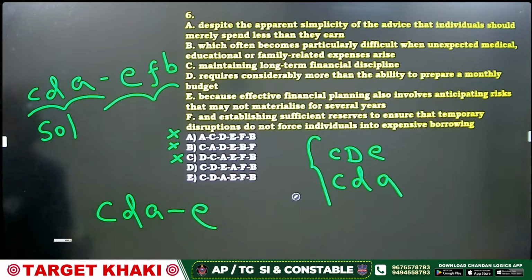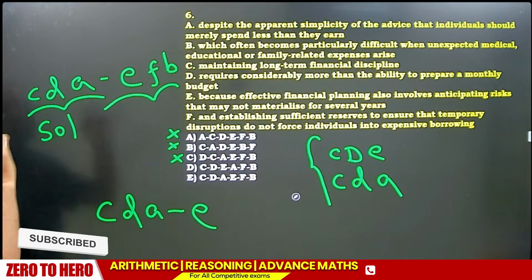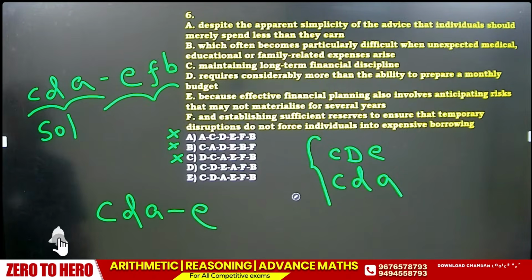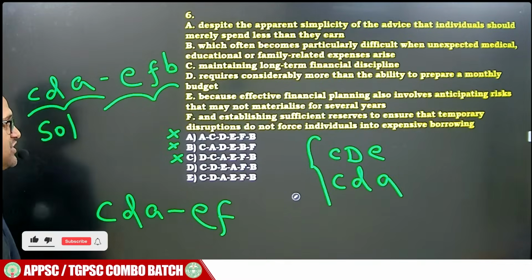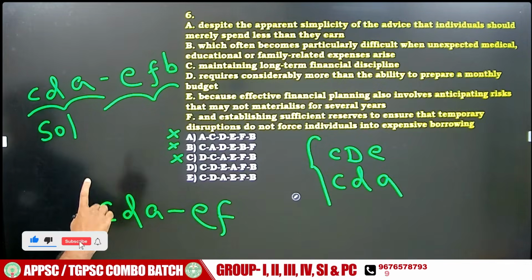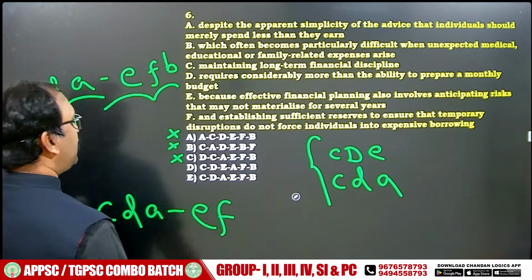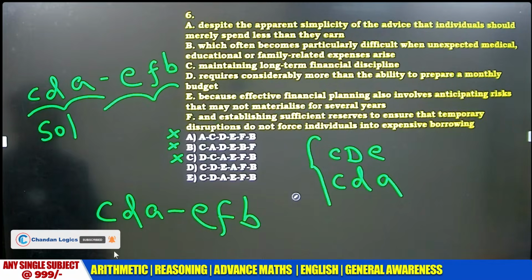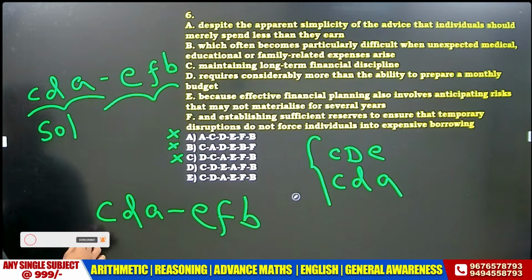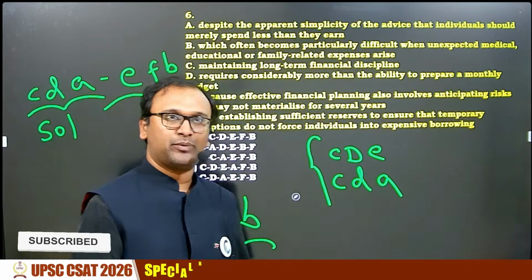Because effective financial planning also involves anticipating risks that may not materialize for several months and establishing sufficient reserves to ensure that temporary disruptions don't force individuals into expensive borrowing, which often becomes particularly difficult when unexpected medical, education or family-related expenses arise. See? I'm going to explain this in simple language.